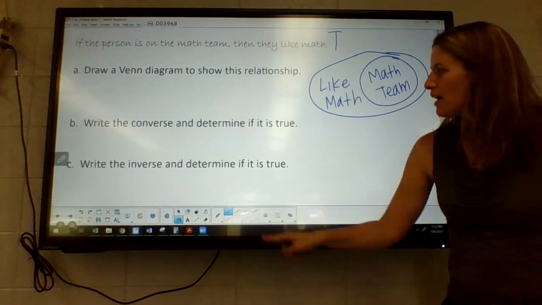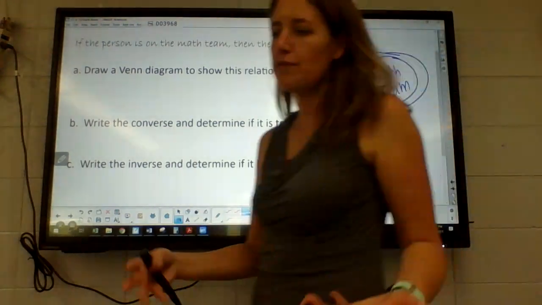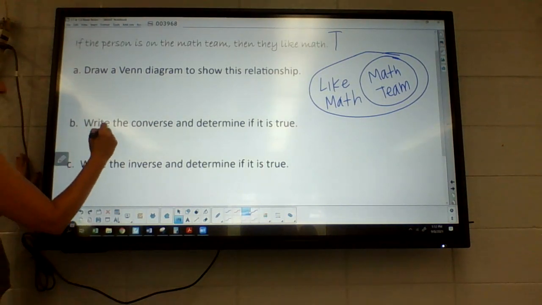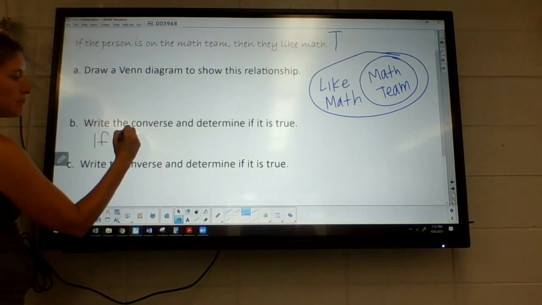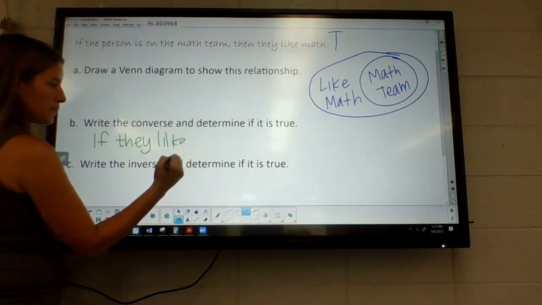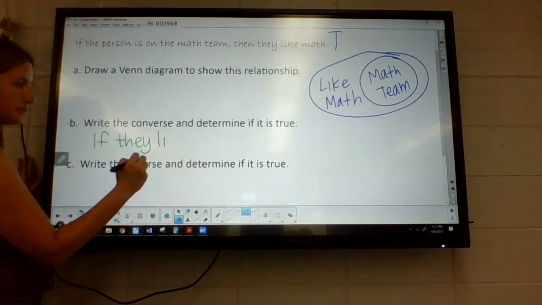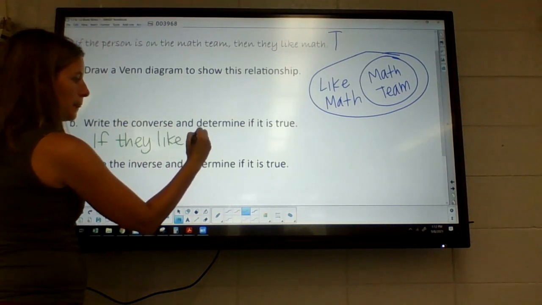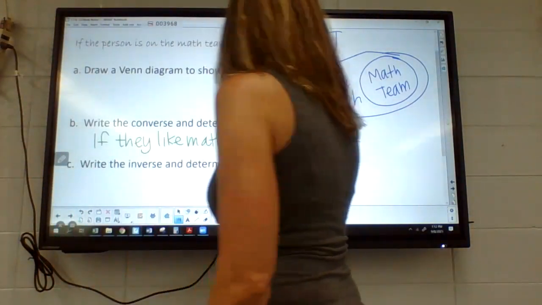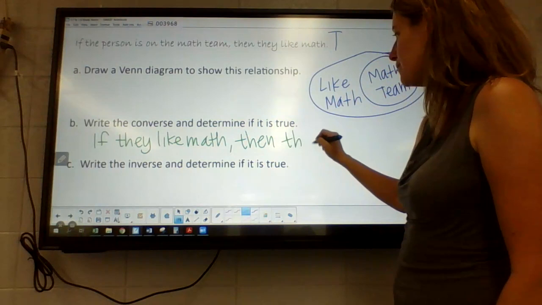Okay. So the converse, this is kind of a review of our converse and inverse, just to remind you guys kind of going into the test. The converse is the one where we flip the two parts. If they like math, then they are on the math team.